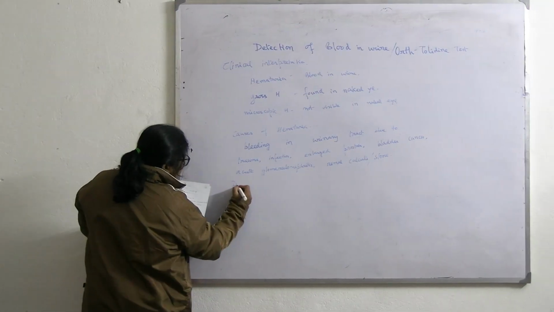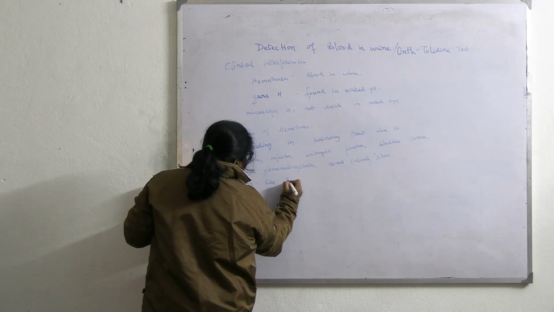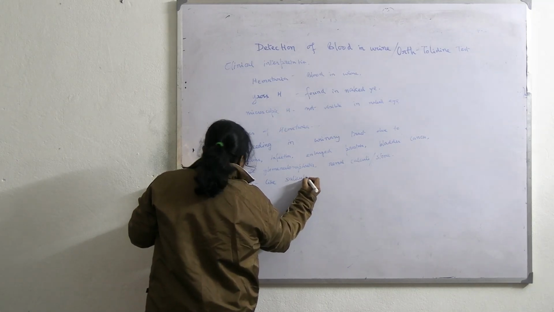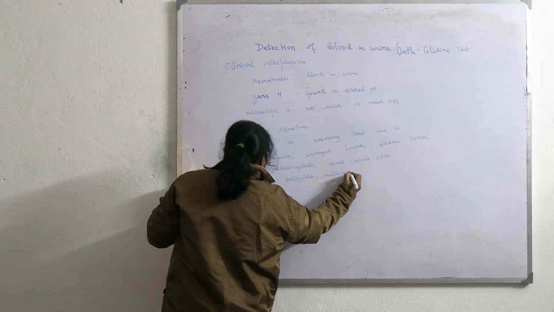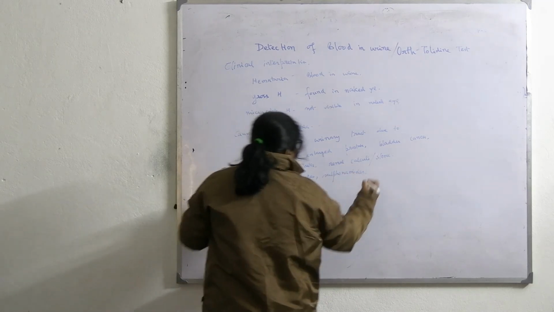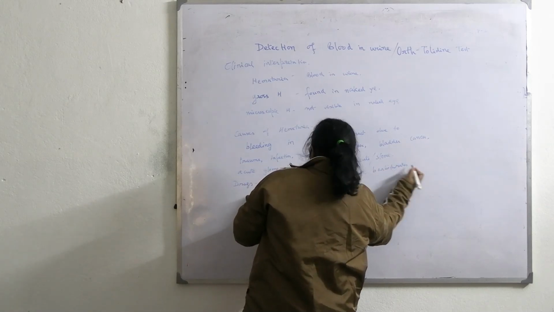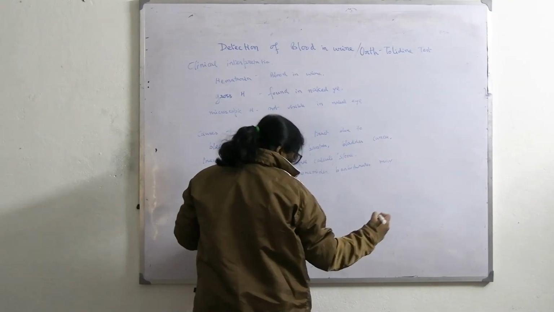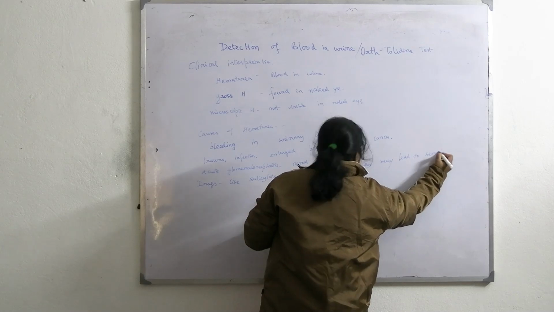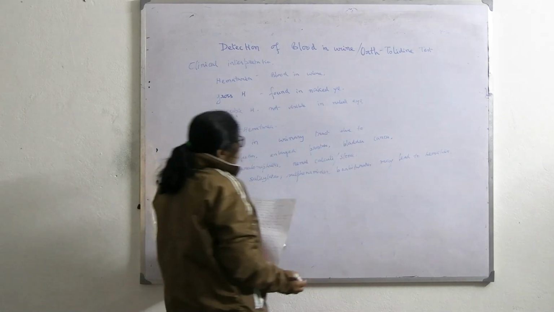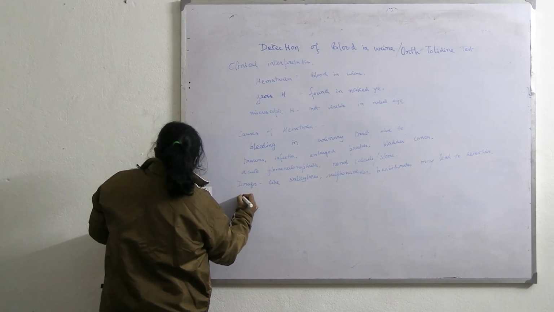Some drugs like salicylates, sulfonamides, barbiturates may lead to hematuria. So these are the causes. Again, physiological causes.